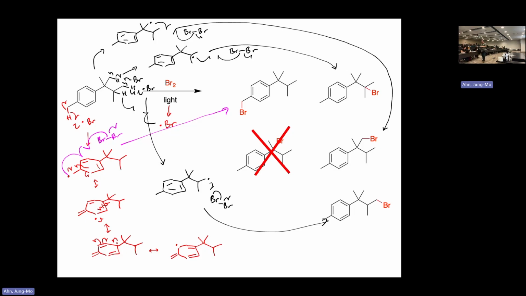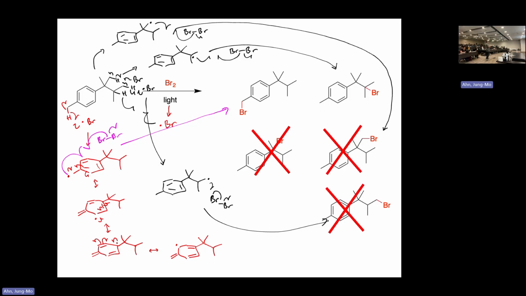It's kind of hard to guess, but I would say that the one with the resonance structures is probably better than just the tertiary radical there. It may be competing a little bit, but not a lot. So that's why I say this is probably the most stable radical out of the many that can form. And then when these are formed more, then we will be making these products more.